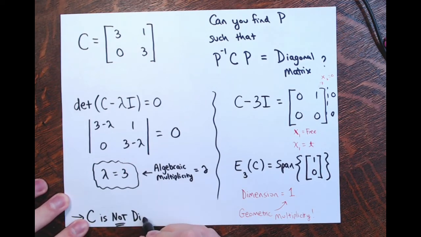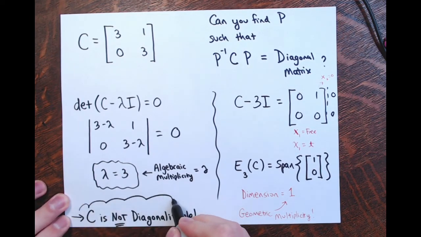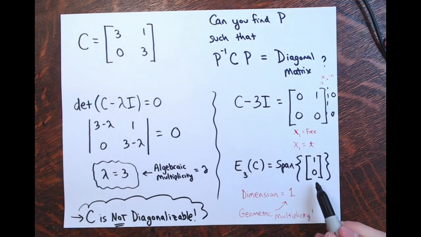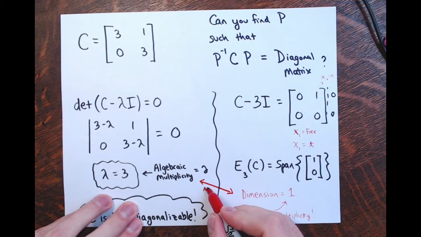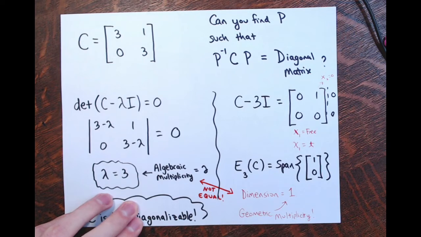C is not diagonalizable. Again, it's because it's a 2 by 2 matrix, and I can only find one independent eigenvector, this vector 1, 0. It's not 2. And that's going to happen for any eigenvalue if the algebraic multiplicity and the geometric multiplicity are not equal.